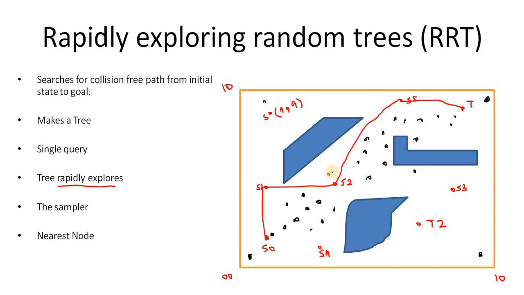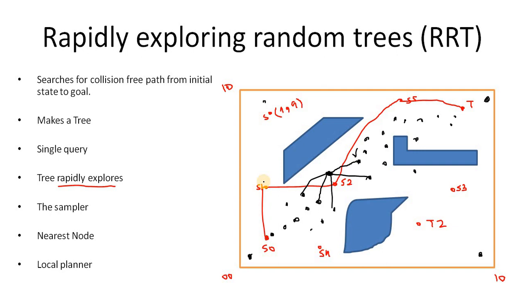For example, if this is your current point, or the sample point, and you need to find which one is the nearest node here, then you can just measure the Euclidean distance and see which node gives you the shortest distance here. The one with the shortest distance will be your nearest node. Let's say this one has the shortest distance, then this will be your nearest node.